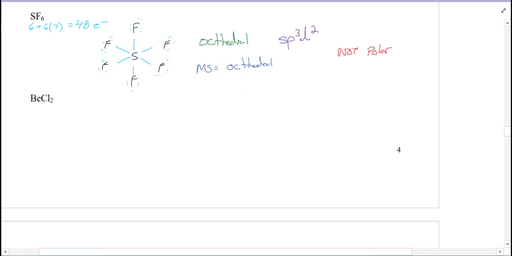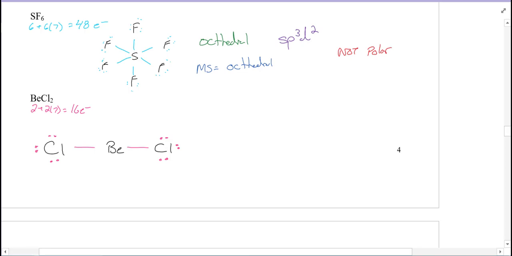BeCl2. Electron count. We have 2 plus 2 times 7, 16 electrons. Who's the middle? Be, so Cl, Be, Cl. Bond. 2, 4, 6, 8, 10, 12, 14, 16. Is that good? Well, can beryllium only have 4?